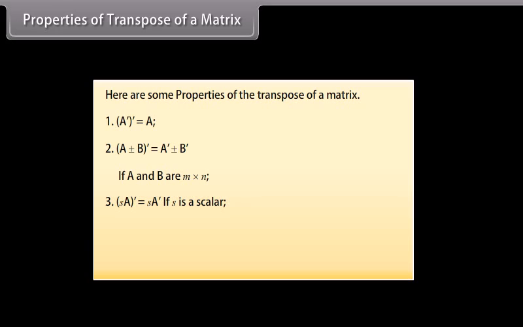Third, transpose of S into matrix A is equal to S into transpose of matrix A, if S is a scalar. Fourth, transpose of matrix AB is equal to transpose of B into transpose of A, if A is m by n and B is n by p.